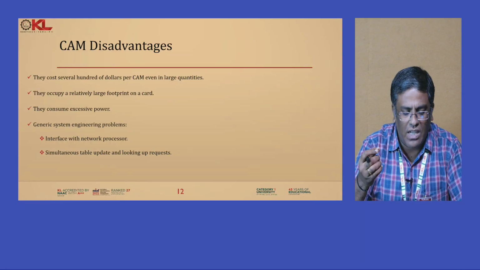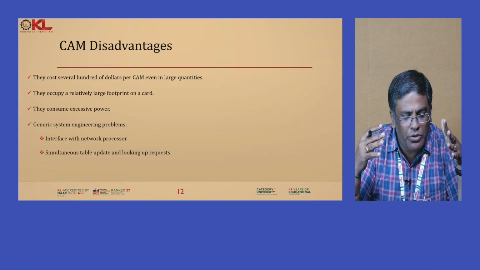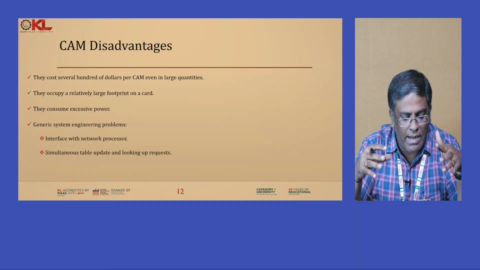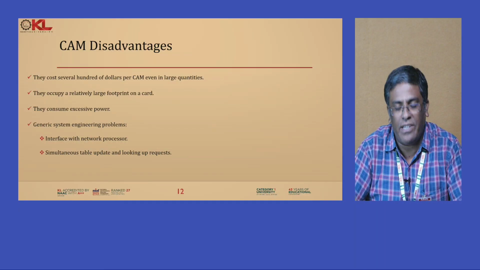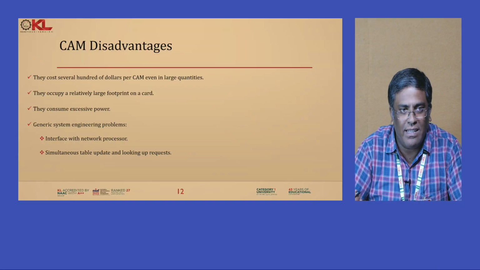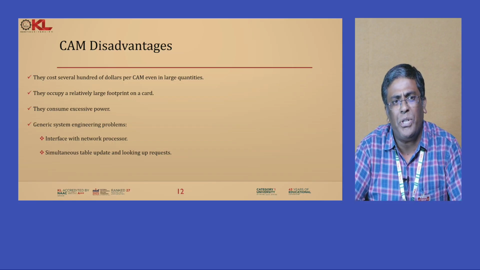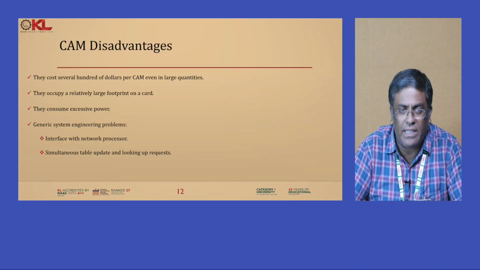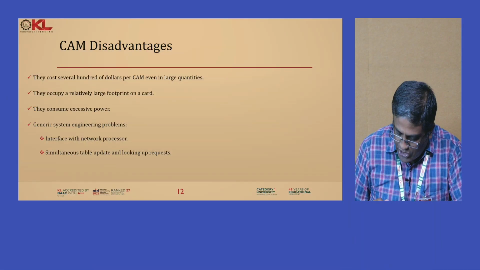Ultimately, when the transistor number increases, the power dissipation also increases. And there are some issues like interfacing and simultaneous table updating, which may be avoided once we follow a standard cascading approach for the CAM.